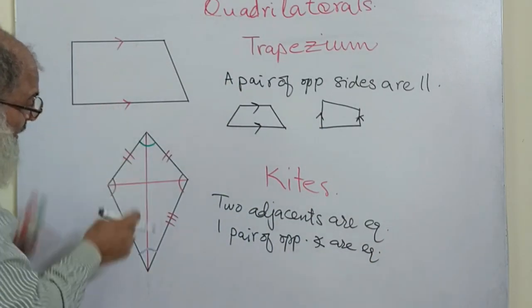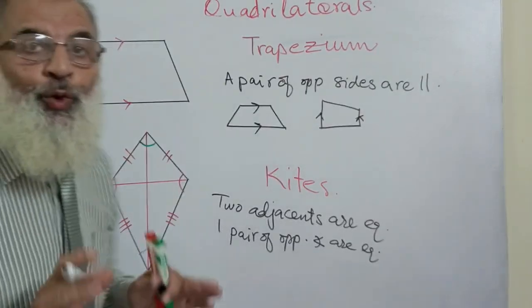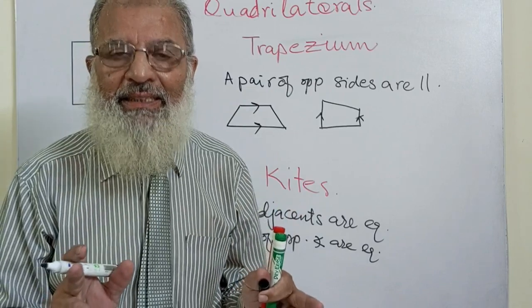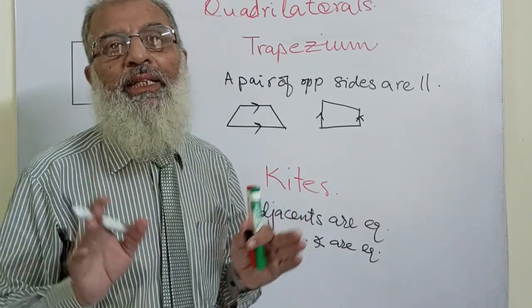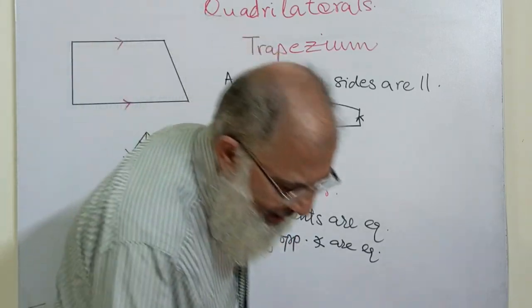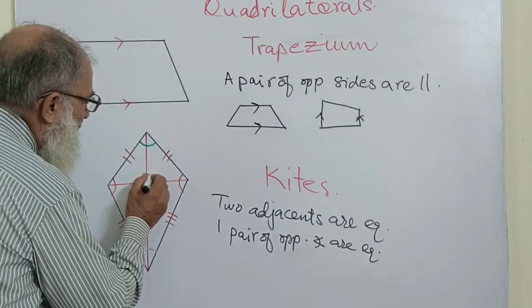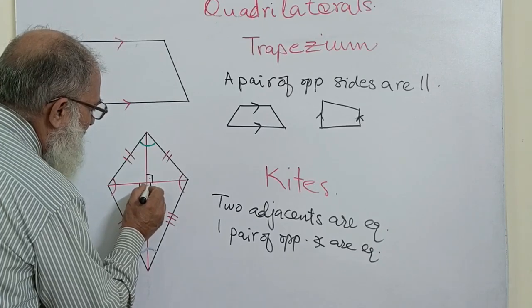Okay. Now the diagonals do not bisect each other, they intersect each other. Now follow my words, they do not bisect each other, they intersect each other. And when they intersect each other, the angle formed between them is 90 degree.